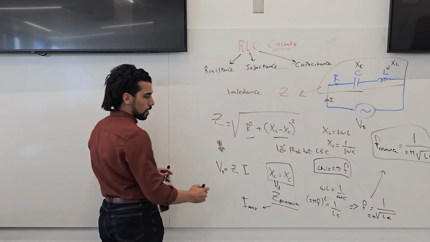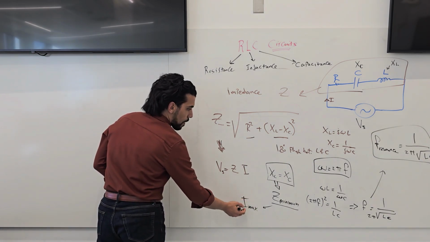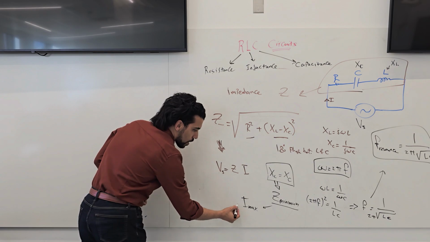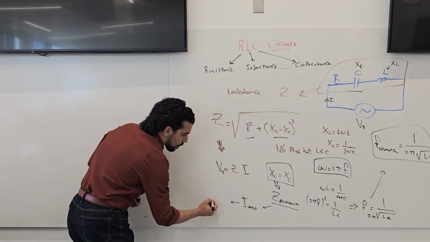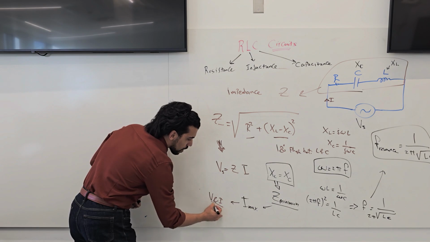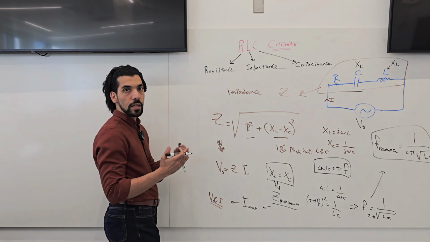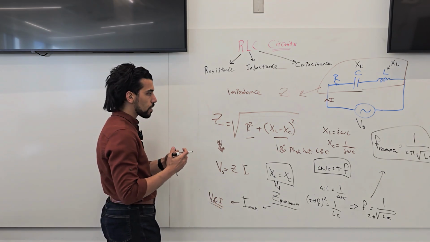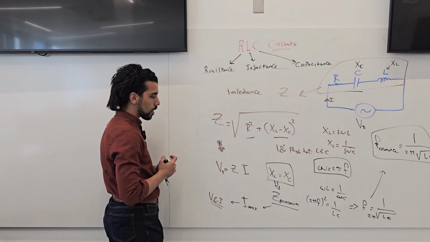And basically, at this point, I is maximum, that means we also have that the voltage and the current are in phase. They don't have any phase difference between the two signals.